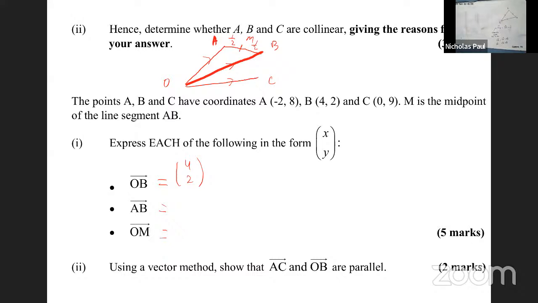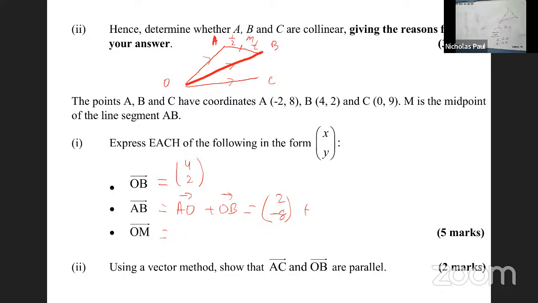All right, let's see how this one went. Let's see if we can get A to B. A to B is A to O plus O to B. A to O is 2, -8.